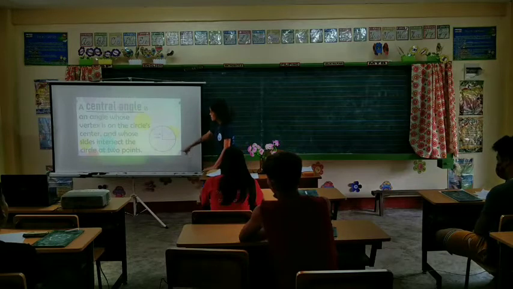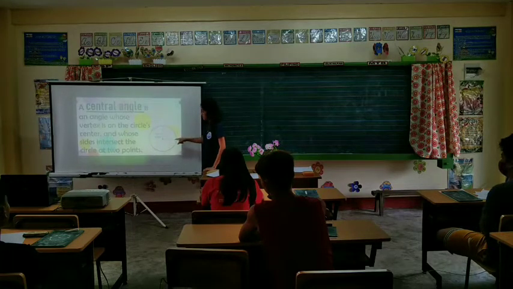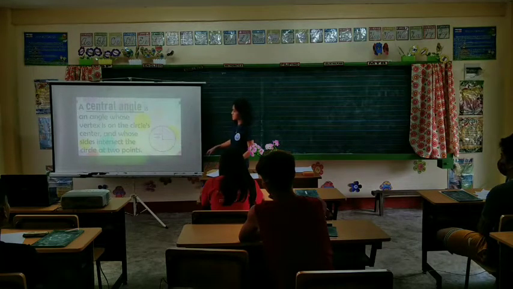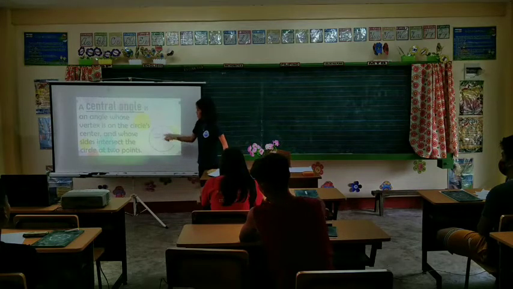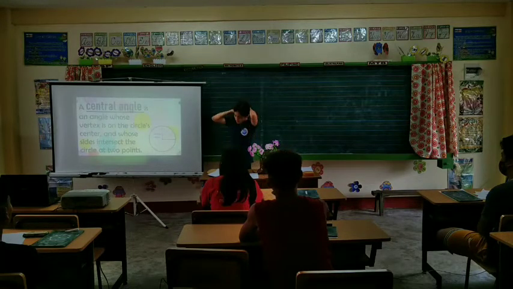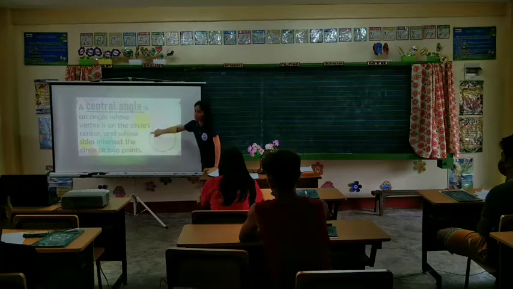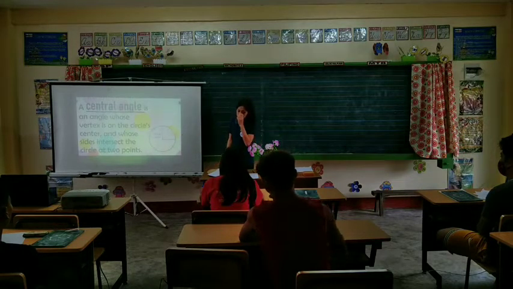And whose legs, these are called legs, are the two radii. So a central angle is formed by two radii whose endpoints intersect the circle at two distinct points.